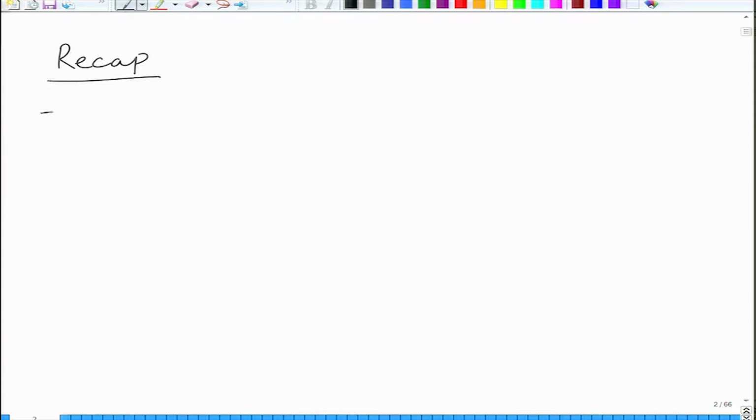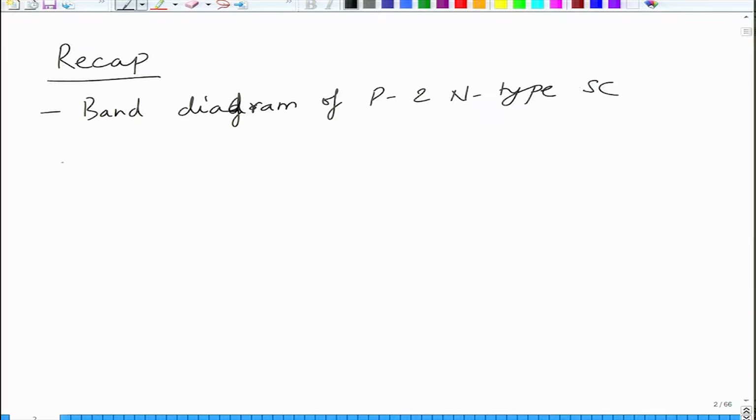In the last lecture we talked about the band diagram of P and N type semiconductors. We looked at how the Fermi levels are aligned in P and N type semiconductors, and how they vary as a function of dopant concentration.